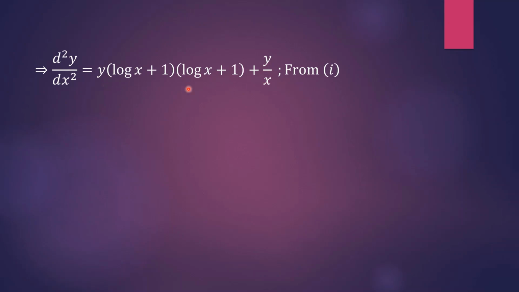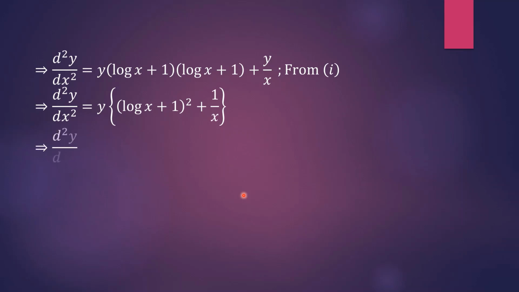Now you see this y and y can be taken common, and these two products make its whole square, and therefore the next line will be d2y dx2 is equal to y into the whole of 1 plus log x whole square, and from here it is 1 by x. And so you can write y is equal to x to the power x, and the remaining part in the bracket will remain the same, and so that completes the solution of the problem.